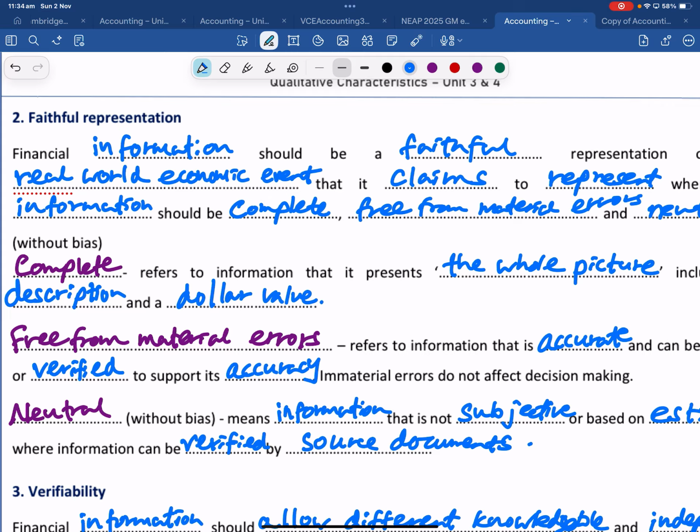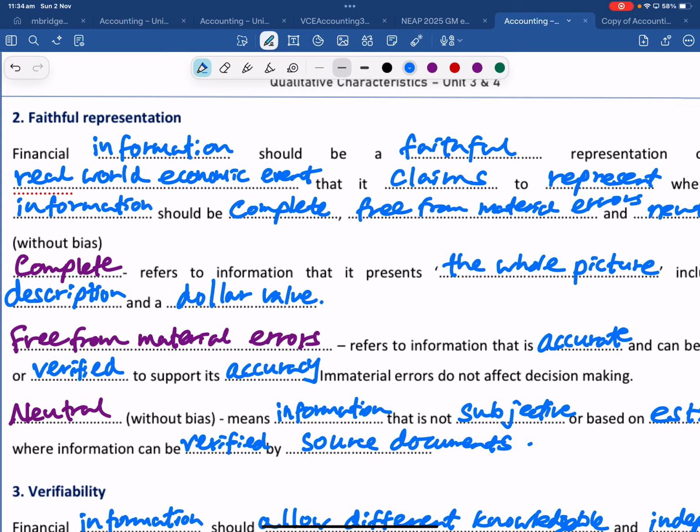Next one. Free from material errors. What does that mean, guys? Can we have immaterial errors? Yes, immaterial errors you can have. $5,000 you can record as 4,999. That's fine, a $1 difference is okay. Not material. But if you record it as 500 or 50,000, that is a material error.